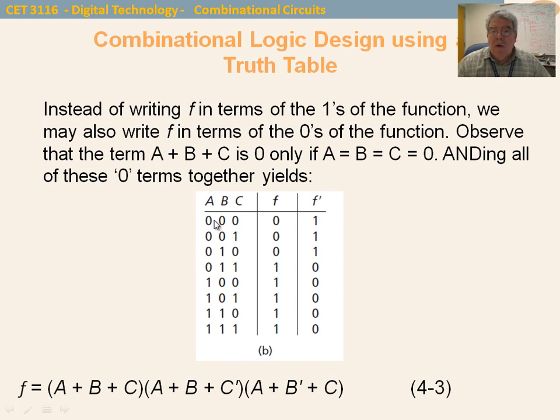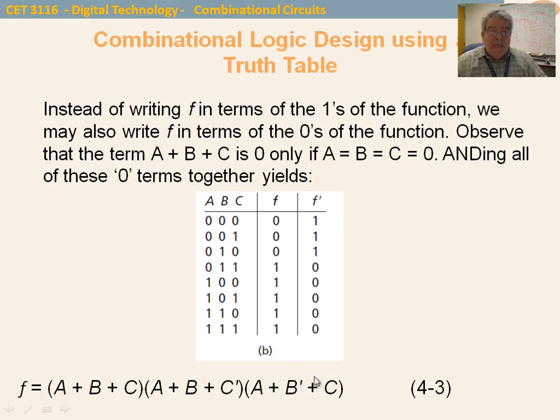So 0 or 0 or 0 for the first one will make this a 0. 0, 0, 1, then I have a 0. You see, I'm looking into the terms that make this function 0.